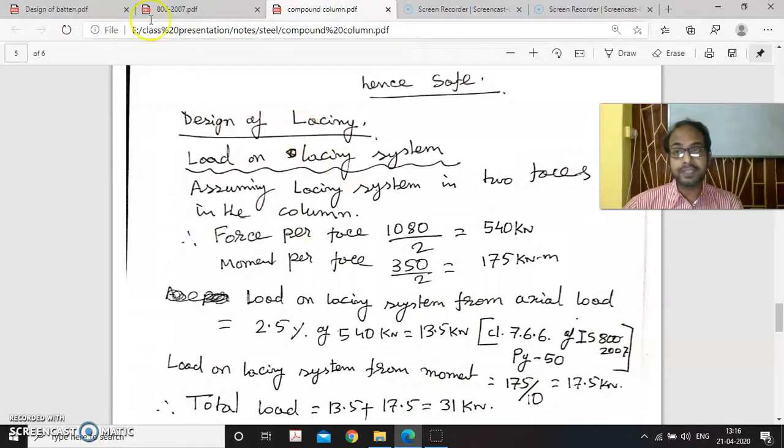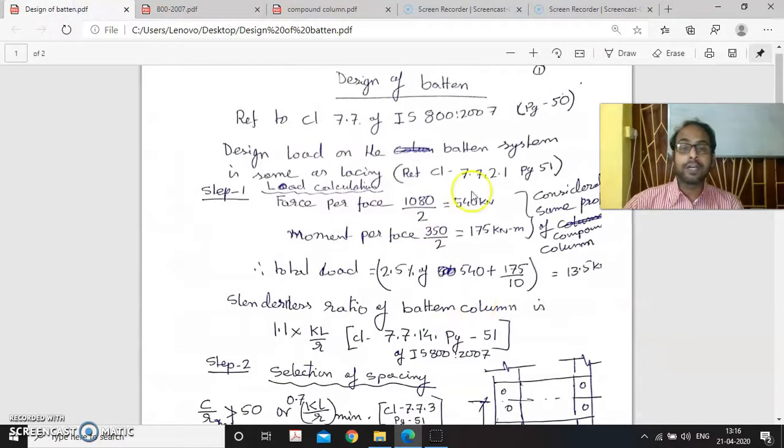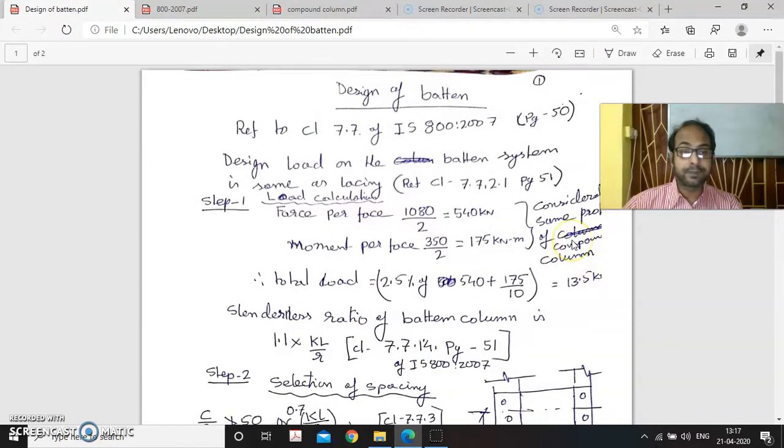So let us come to the present problem where we have already referred to the page of this compound column and we have taken that load as 13.5 kilonewton for the design purpose. Here the slenderness ratio is higher for the compound column which is battened. The slenderness ratio will be higher than the previous laced column.